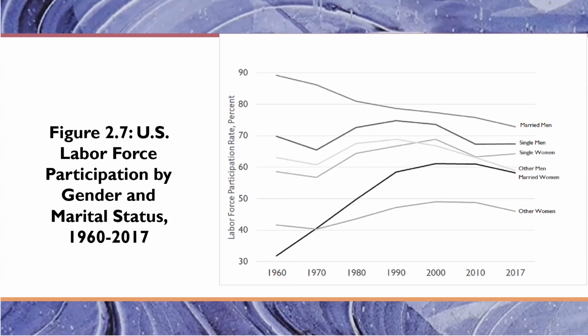The rate of labor force participation on the part of married men has declined throughout this period, whereas married women's participation in the labor force grew very rapidly from 1960 to 1990, flattened out a little bit, and then declined a little between 2010 and 2017 as a result, in some ways, of the recession, which reduced overall employment.